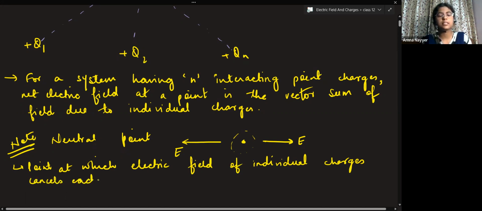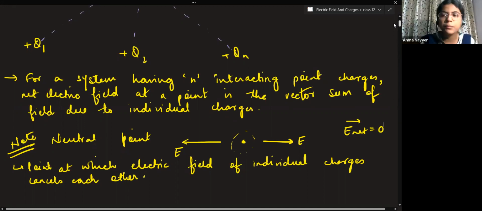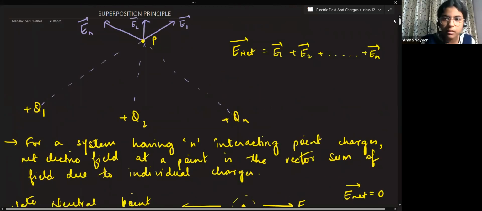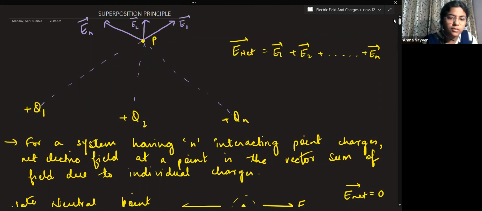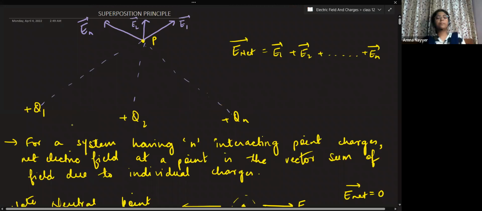It's just a point where net electric field is 0. Wherever you get confused about where the neutral point is, just say wherever net electric field is 0, that becomes your neutral point. So just write down the superposition principle. We'll do questions on it where more than a single electric field is given. Just note it down. That will make it clearer.